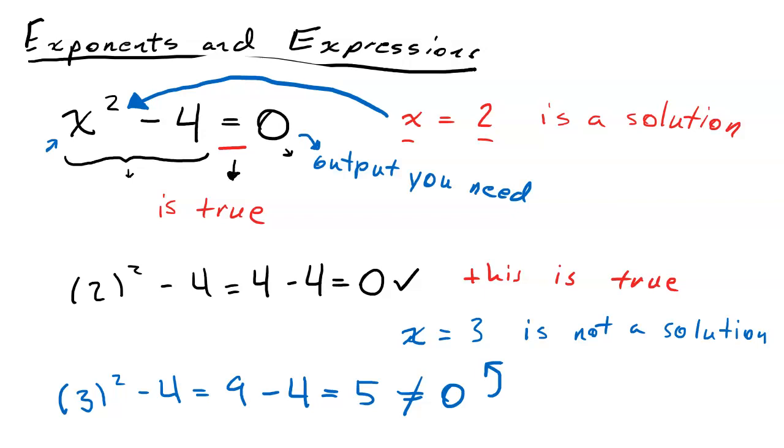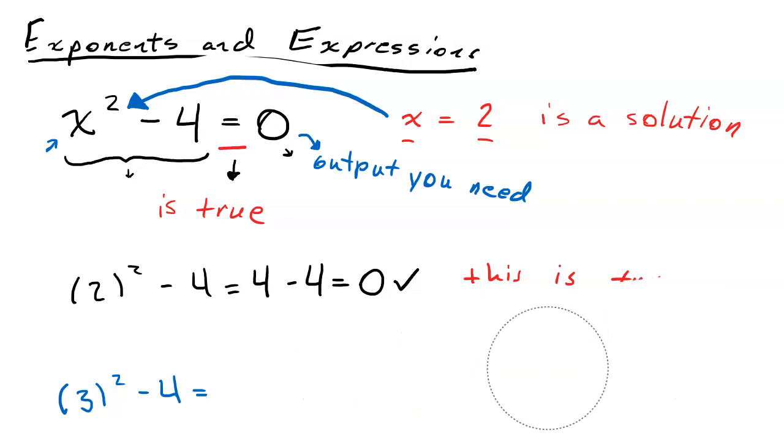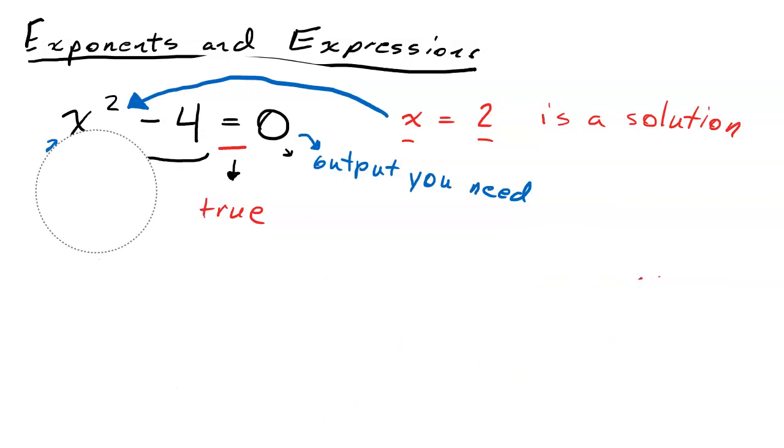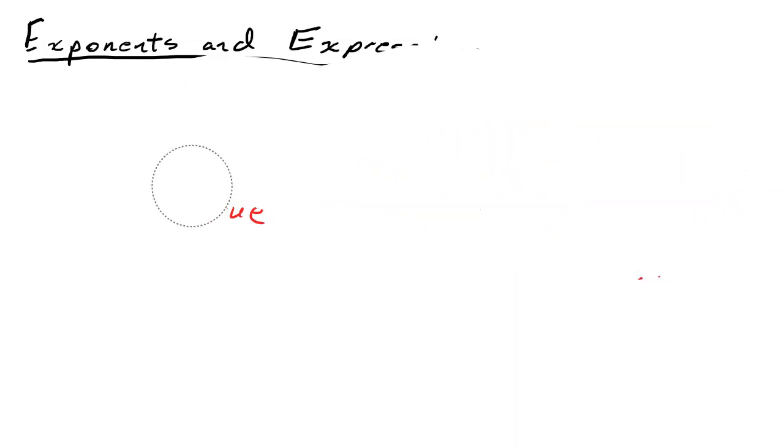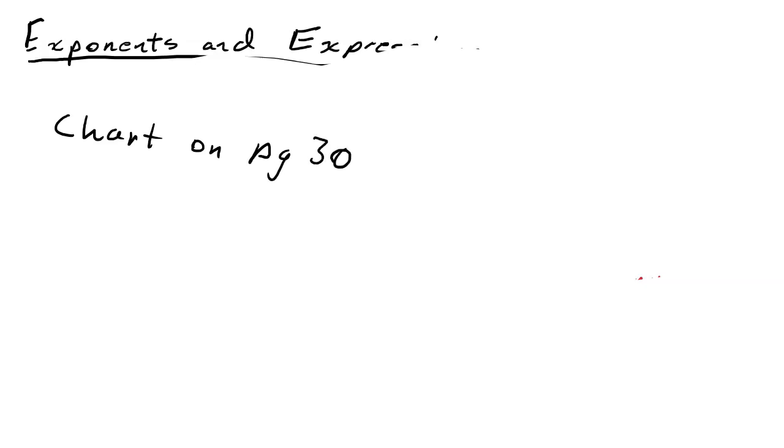Now, you will have questions on the homework, and it's important to know how to translate words into an equation. And I'll just say this really quickly. There's a chart on page 30 of your textbook.